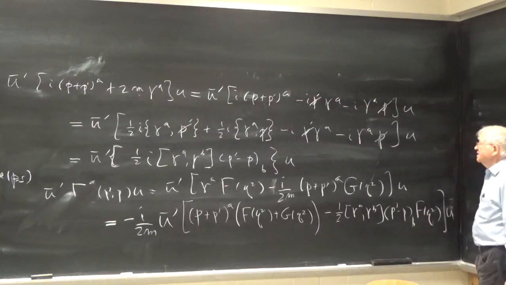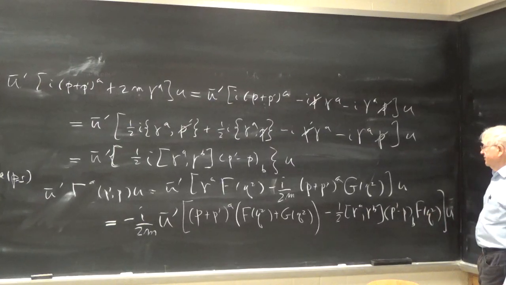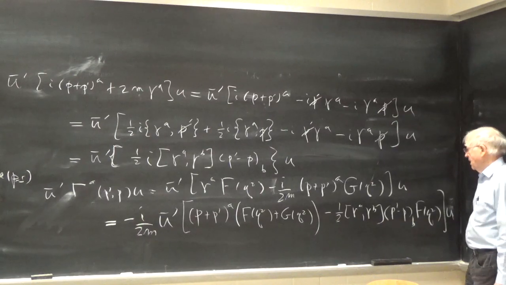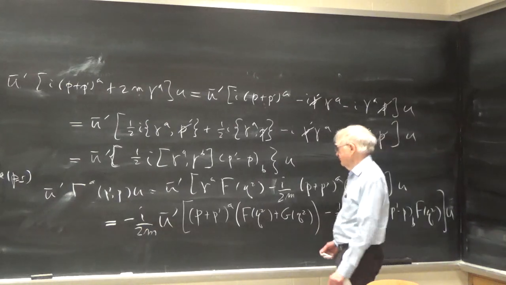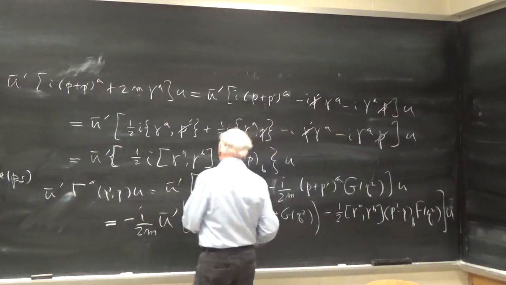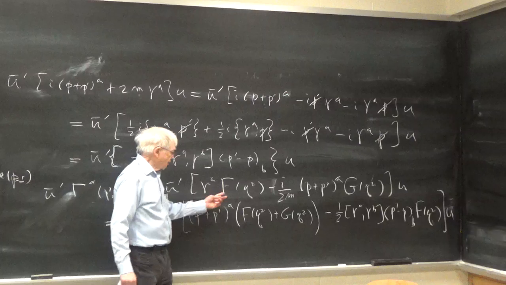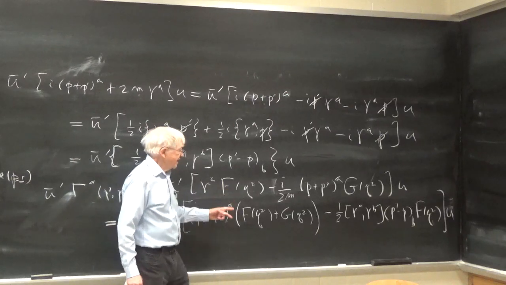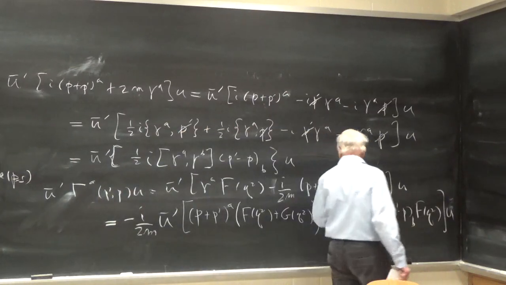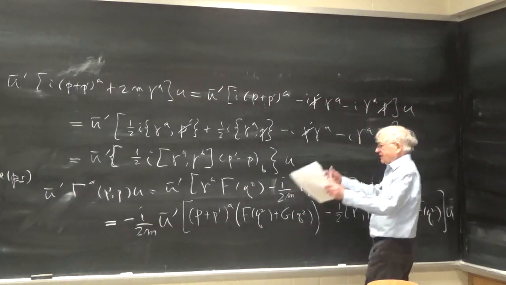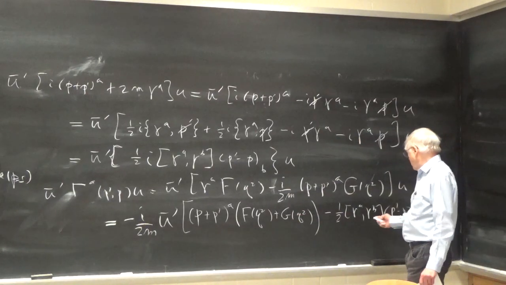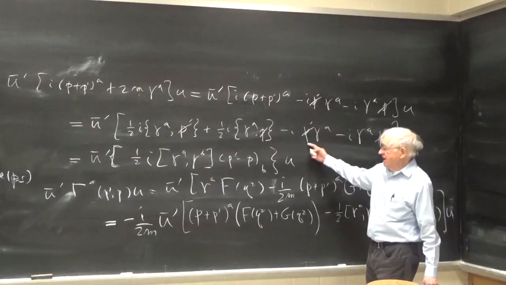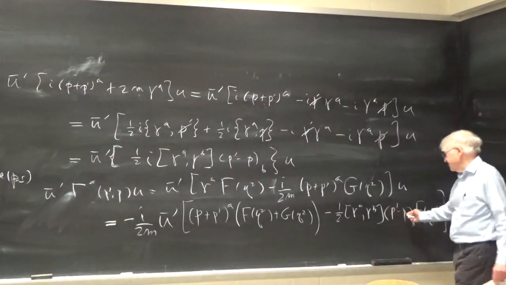So basically what we've done here is rewrite this in such a way that the coefficient of F is the same as the coefficient of G. And then the leftover piece, via this identity, we expressed this way.